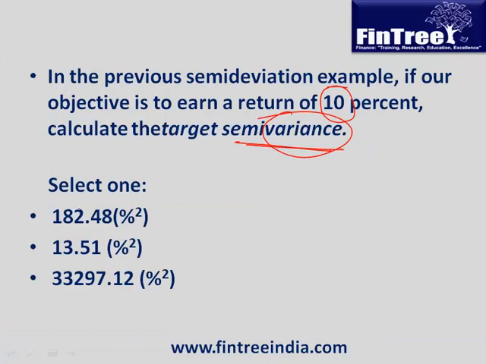So the answer is 182.48 %square, and we know that variance, the unit is always in squares. Next question.